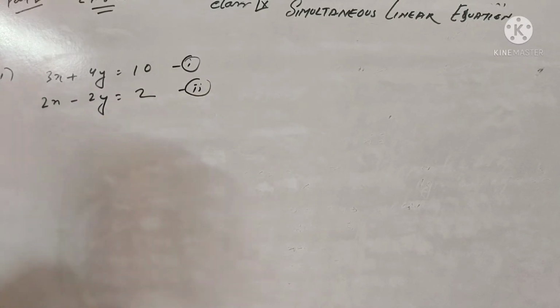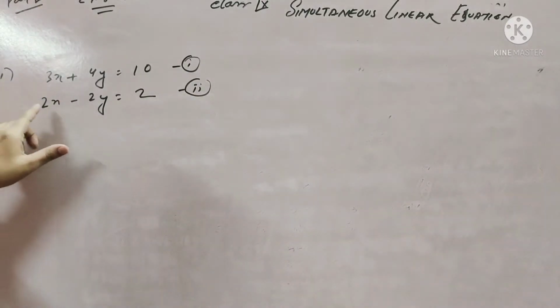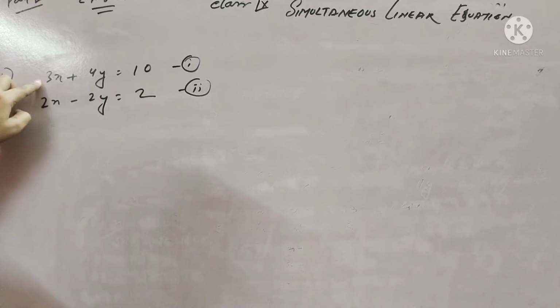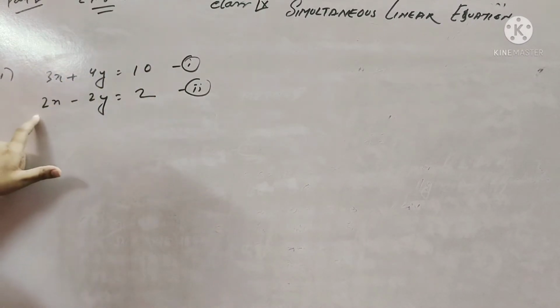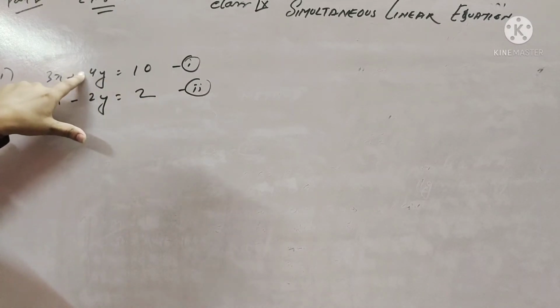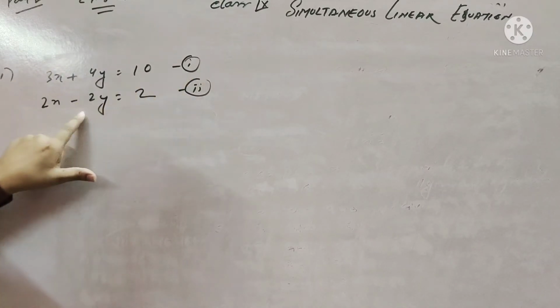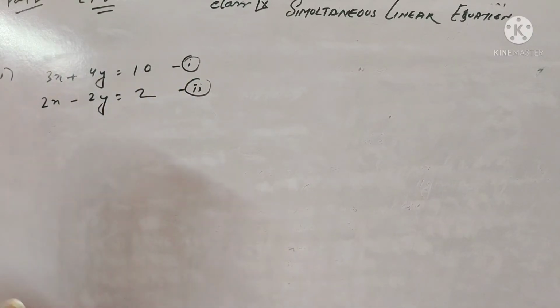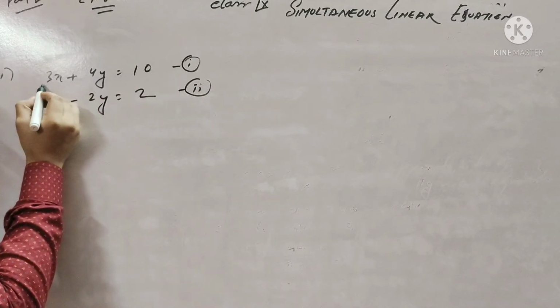If you want to eliminate x, then multiply equation 2 by this x number and multiply equation 1 by this x number. If you want to eliminate y, multiply equation 2 by this y number and equation 1 by this y number. That means cross multiply.